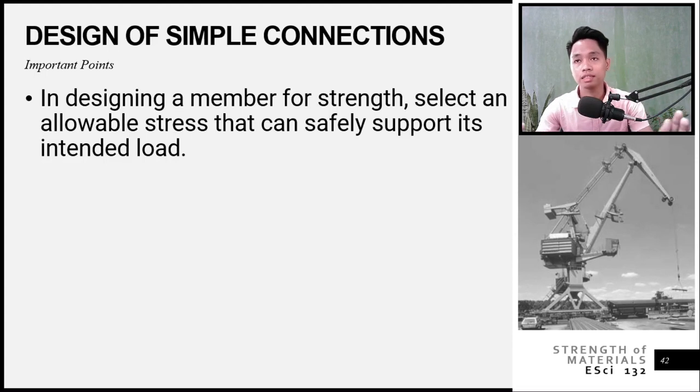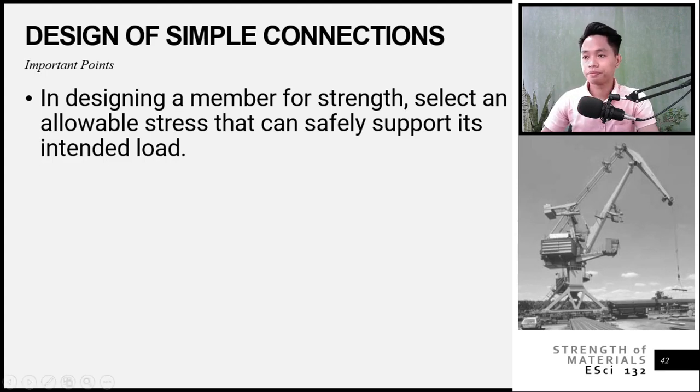Now, usually that is given. Now, if you are going to do sa designing na, right? We are going to go with your steel and reinforced concrete design. Usually you are the one who is going to investigate kung unsa ang iyang intended load. So, ikaw ang mag-design kung what are the loads that are applied on the structures, again, by using your structural code. So, since this is just simply an introduction, usually the allowable stress is given.